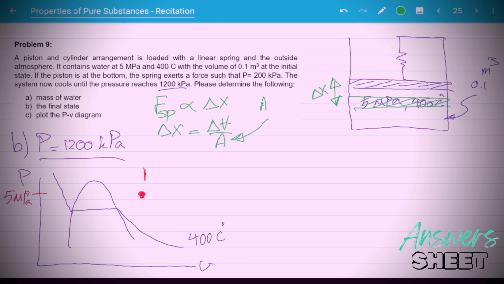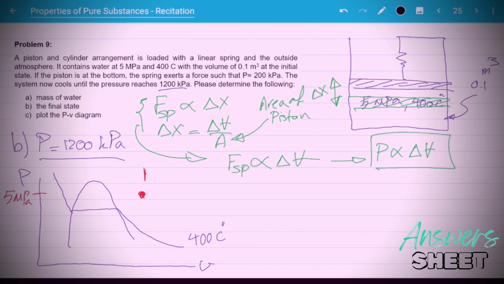So this is the area of the piston. So from these two, I can conclude that the force of the spring has a linear relationship with the change of volume. Now we know that the pressure is force over the area of the piston, right? So again, I can conclude that the pressure that the system is subjected to has a linear relation with the change of volume.